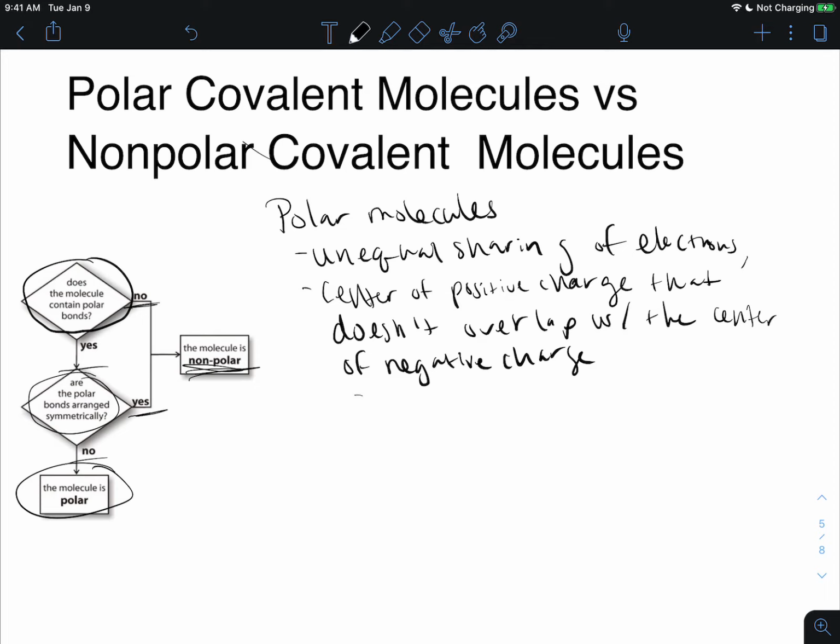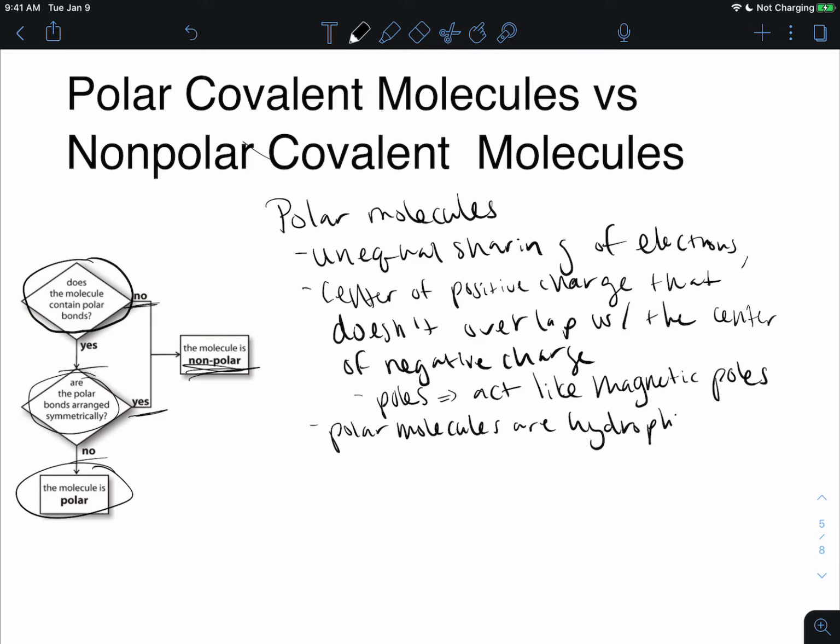So these poles act like a magnet, like magnetic poles, where positives will be attracted to negatives, negatives attracted to positives. Our polar molecules, these are going to be things that are considered hydrophilic. They're going to be water-loving. As water is a highly polar molecule due to polar bonds and asymmetry.